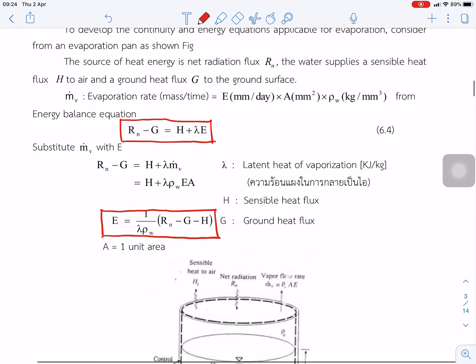Okay, so the parameters: lambda means the latent heat of evaporation, H is the sensible heat, G is ground heat, and RN is net radiation.